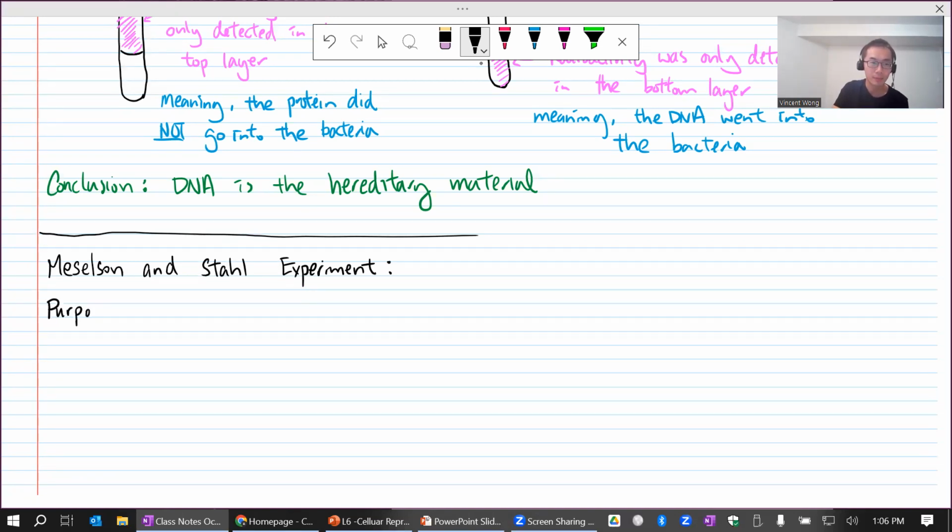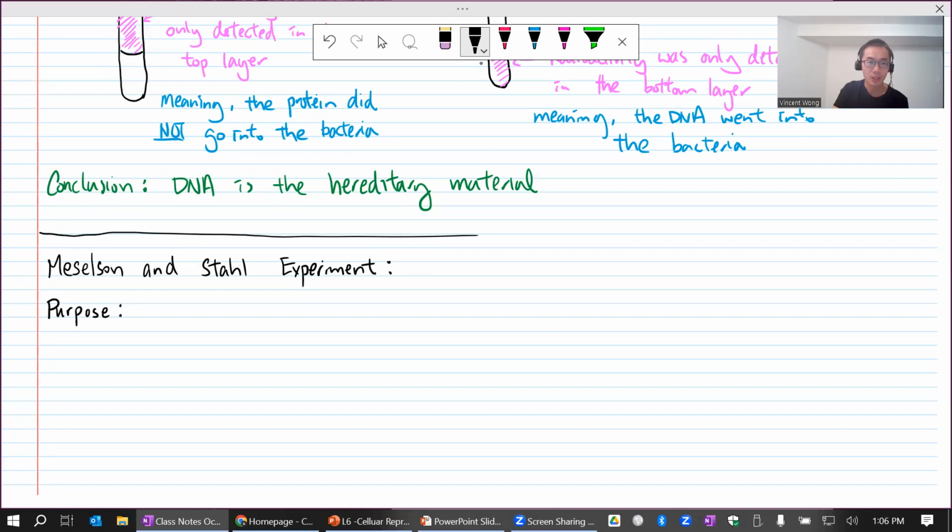Purpose. When we look at an experiment, we always have to know why. Why are they doing it? And if you have been paying attention, you hopefully know why.